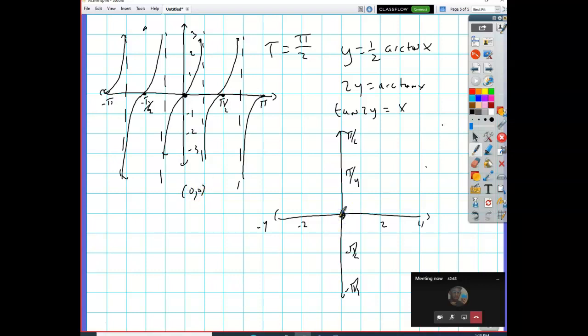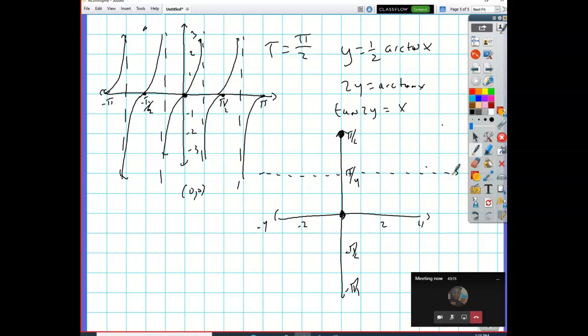And then pi over 2. Pi over 2 is also a 0. And what's traveling between those two, exactly halfway between the two? The asymptote. Now the asymptote is an x equals, so what does it become on my new graph? Y equals, so I have an asymptote that goes like this.